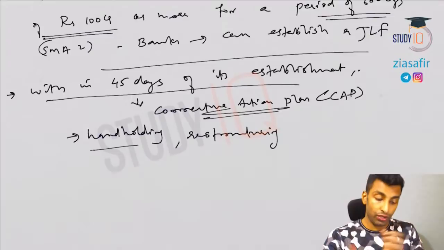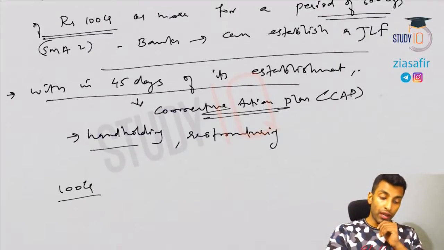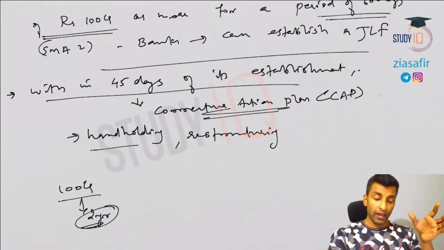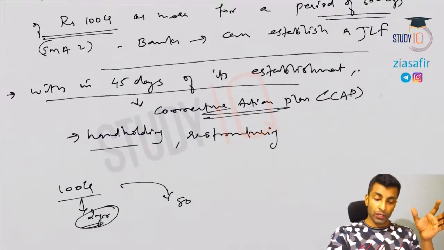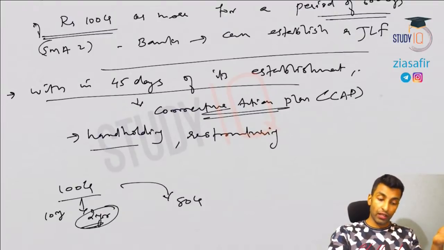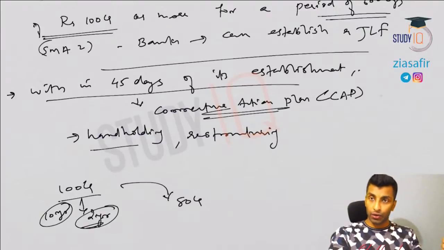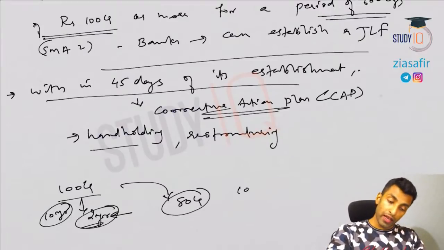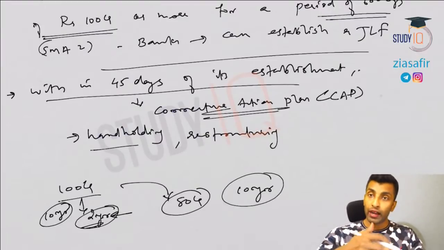Restructuring means, let's say this is 100 crore for 10 years. For 2 years you paid continuously, so you might have paid 20%, around 20 crore. Now 80 crore is pending. What you can do is, since 2 years are already paid, you can still make it 10 years, so you can extend the tenure.